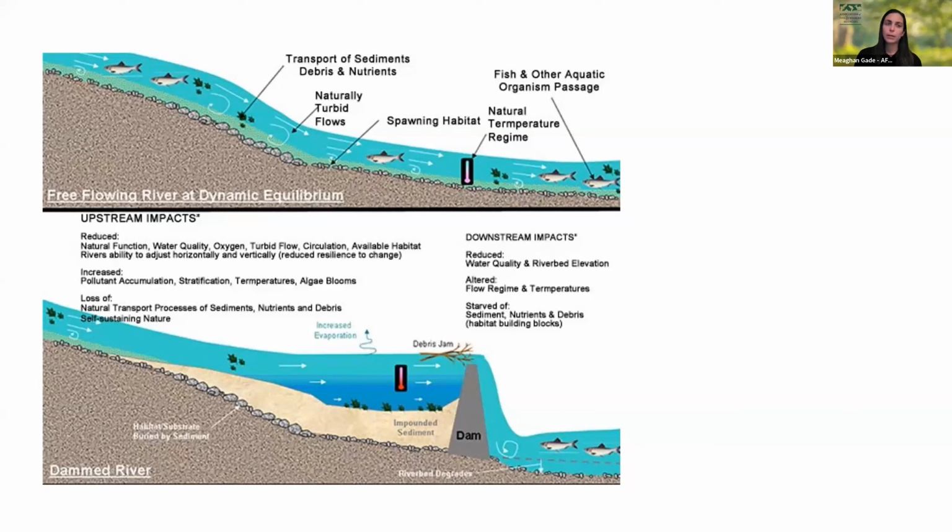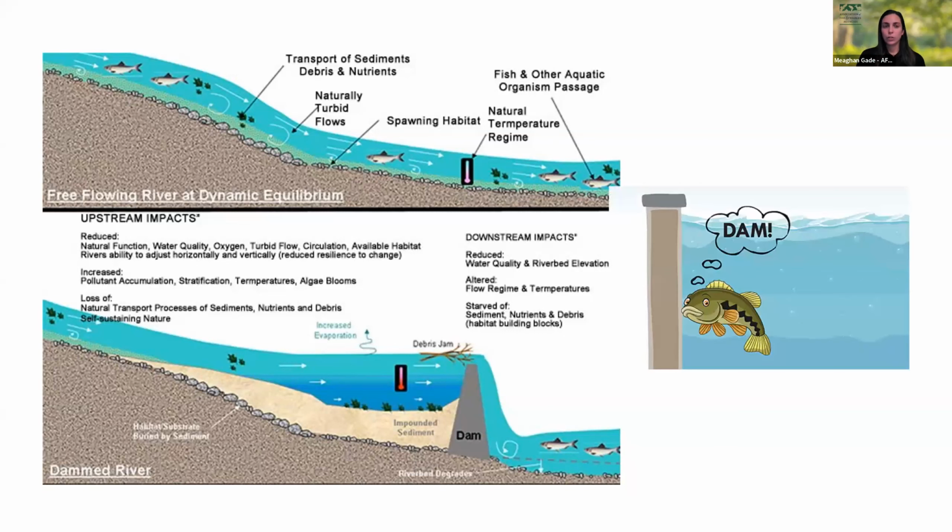So that can heat up the water more quickly. It increases evaporation. But then from a wildlife perspective, we're impeding fish passage. The juvenile fish can't come downstream anymore to go out to the ocean, and the adult fish trying to reach spawning grounds can no longer get there when the dam is constructed.